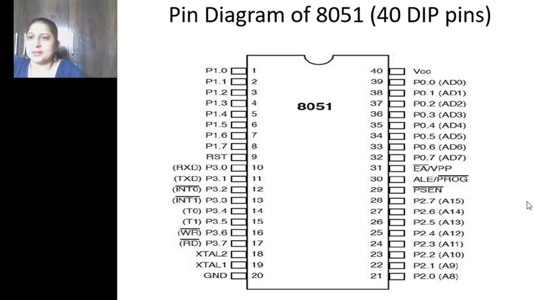That means pin number 32 to 39 perform three functions. When we talk about pin number 21 to pin number 28, we use them as high order address lines A8 to A15, and we can use them as input output port 2 pins.